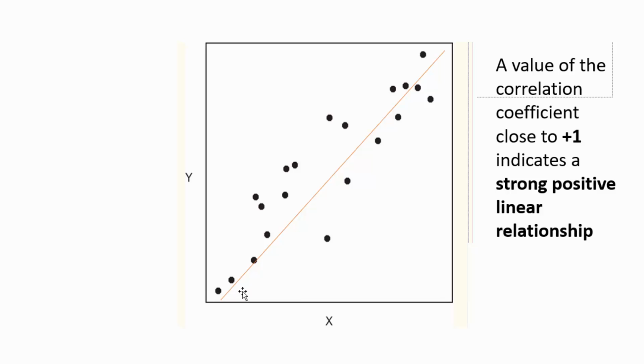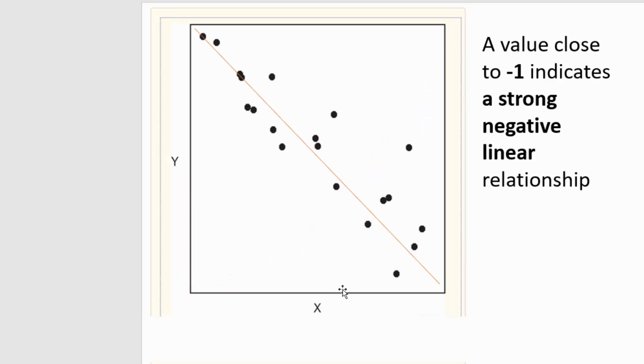When we go along the x-axis and y-axis, you can see x values are increasing and y values are also increasing. In such a diagram, we usually have a correlation coefficient closer to +1 because the variables increase together.